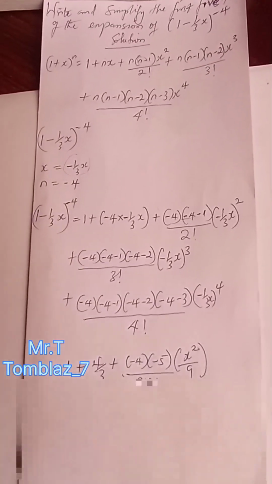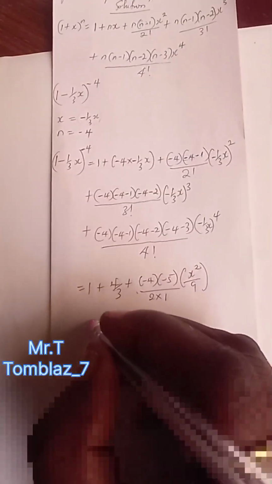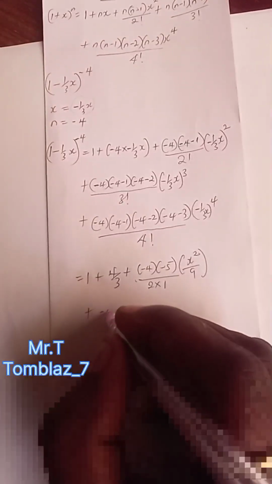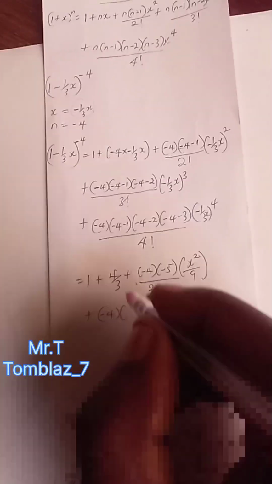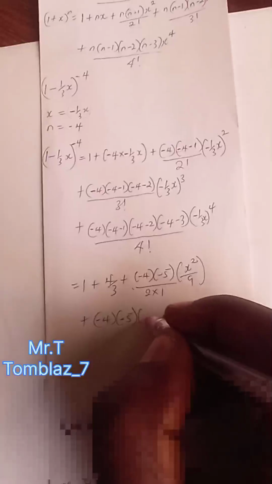Okay, so let's proceed further. Then coming to this portion of the equation, we're going to be having minus 4 into minus 5 into minus 6.